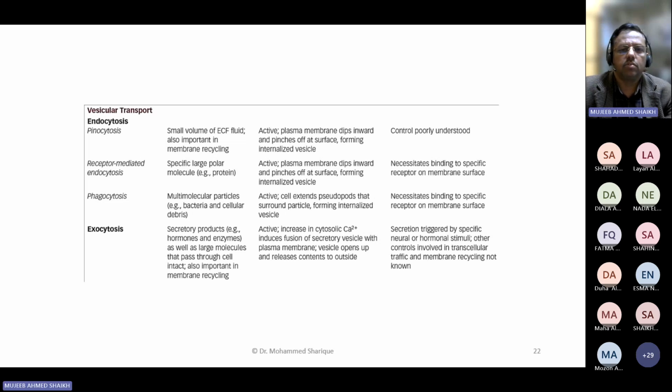Then vesicular transport: we have seen endocytosis and exocytosis, where bigger molecules are taken in or thrown out. Examples are release of enzymes, which is exocytosis, and endocytosis is engulfing bacteria, which we call phagocytosis.